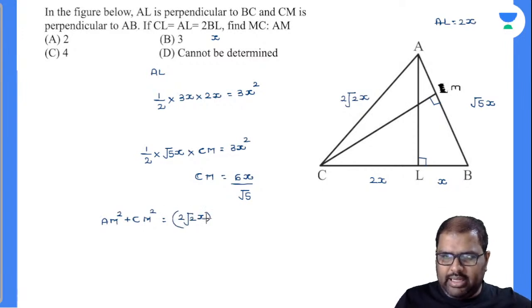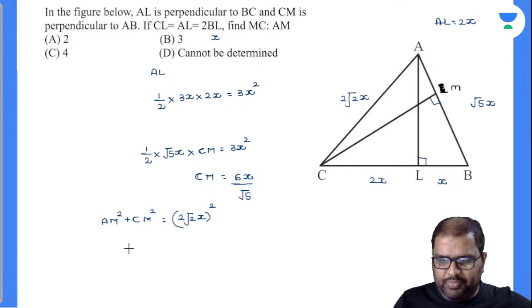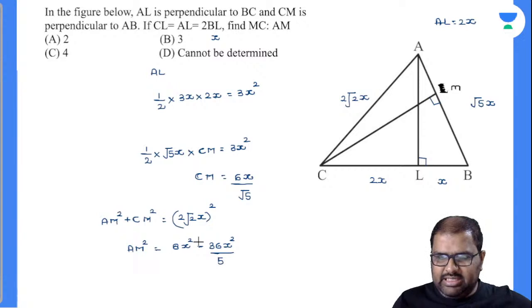What will be my AM value? My AM square value will be equal to 8x square minus 36x square by 5. So 5 8s are 40, 4 by 5. So my AM value will be 2x by root 5. Yes, it is 2x by root 5.